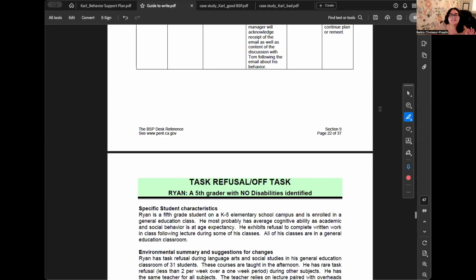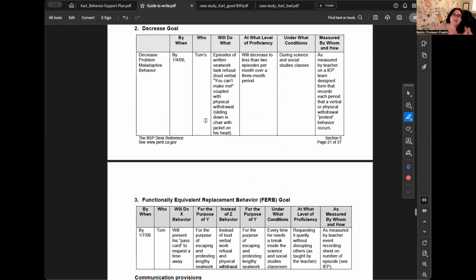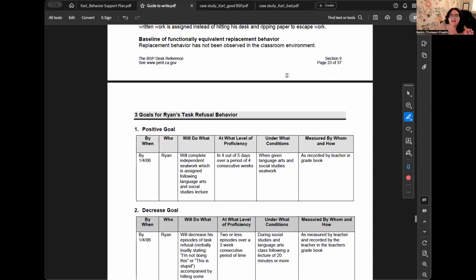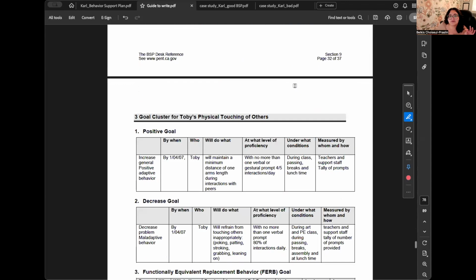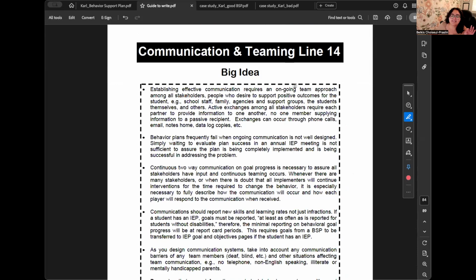I'm going to keep going because there's also a ton of different examples of these, for a student who is task refusing, for a student who is off task, different age groups. Again, I'm scrolling here because what I was trying to get to is line 14. So there's a good 10 to 15 pages there on just goals and support for goals.